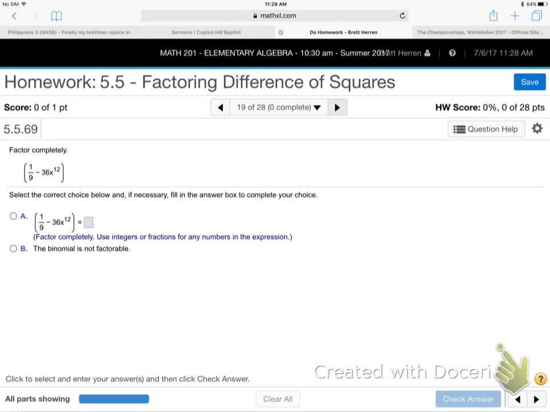Okay, let's try this one. 1/9 minus 36x to the 12th. Now, I don't know why they have a parenthesis on that. That's just dumb. I'm not going to write it. Do those guys have anything in common? Does 1/9 have anything in common with 36x? No. 9 would, but not 1/9, not a fraction.